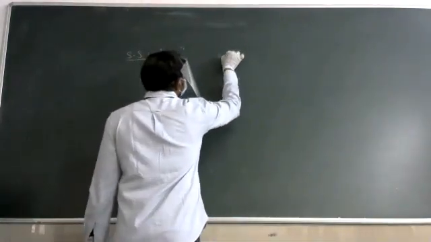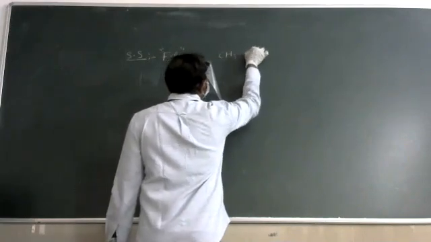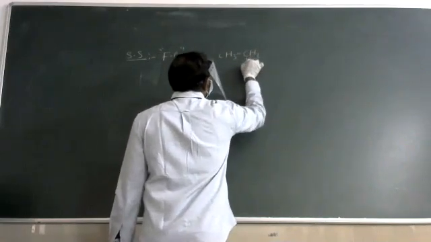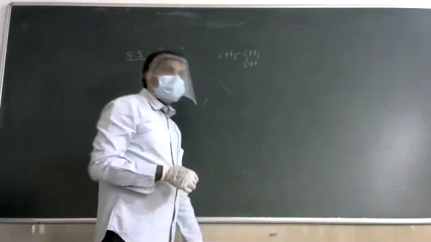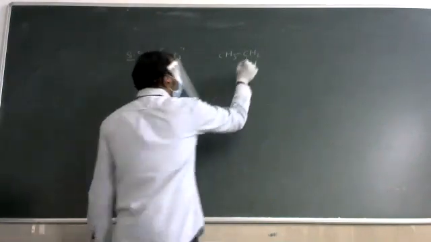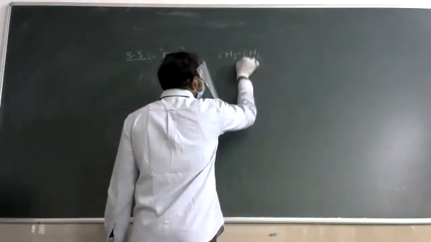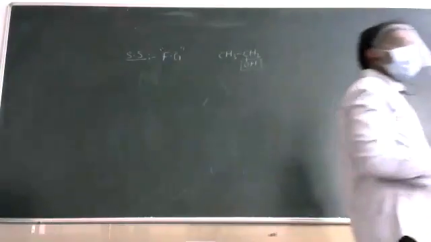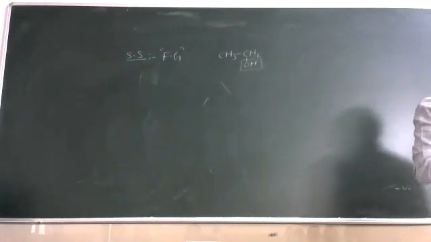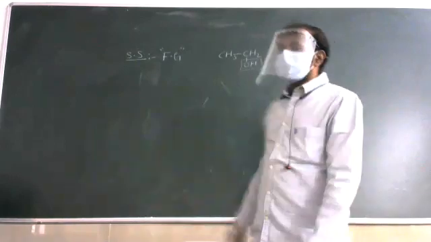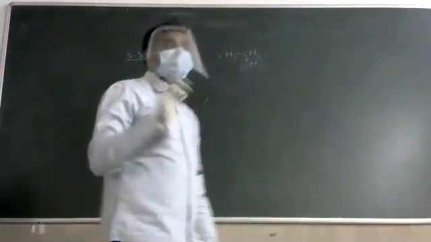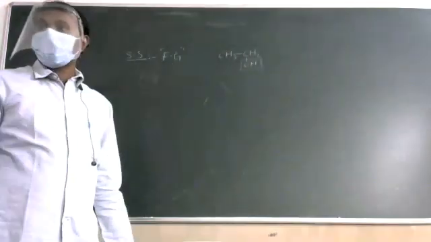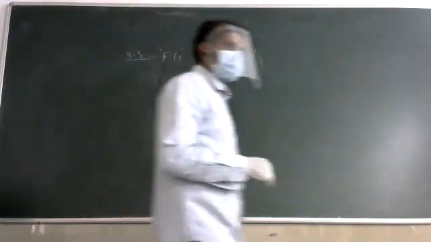For example, CH3CH2OH. Due to the presence of the OH group, this compound is soluble in water, because according to the rule, OH means alcohols. Alcohols are highly soluble in water.